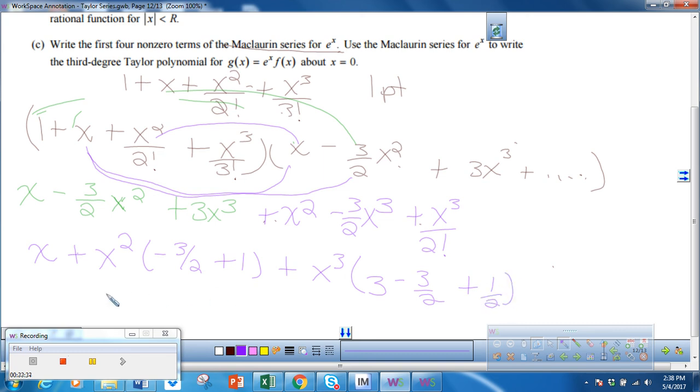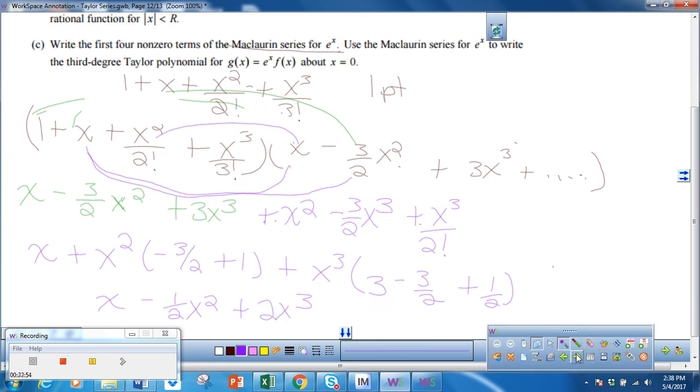And when you simplify that, you get x, let's see, negative 3 halves plus a half is negative 1 half. And 3 minus 3 halves plus 1 half is 2, so that's plus 2x cubed. Yep, and that's the correct answer. All right, you don't have to simplify, but it wasn't that bad.